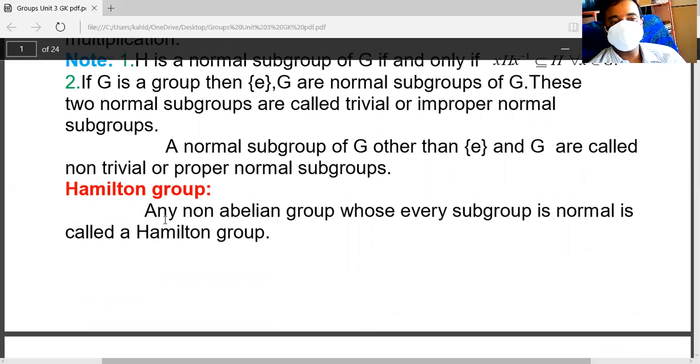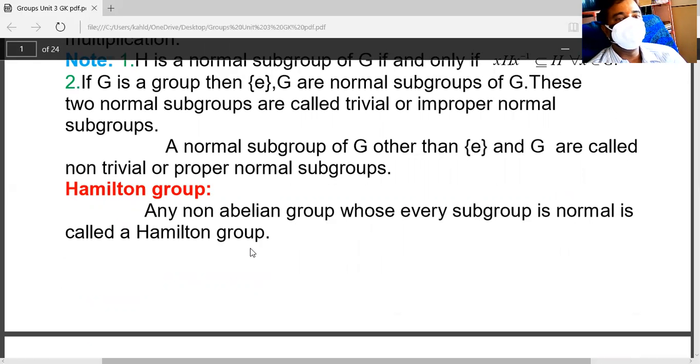Next we learn the definition of Hamilton group. Any non-abelian group whose every subgroup is normal is called a Hamilton group. A non-abelian group is one which does not satisfy the abelian law.